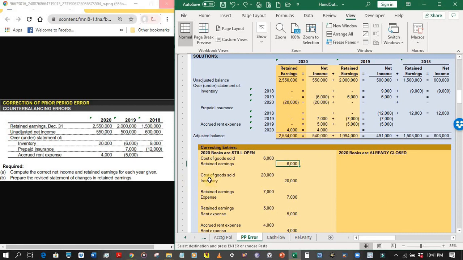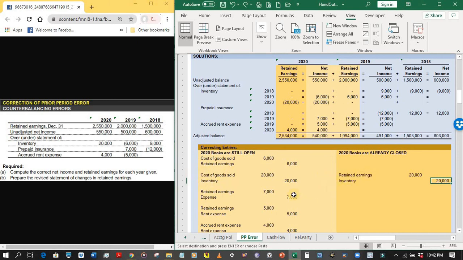Both are real accounts, but one is an equity and the other is an asset account. So our first journal entry, if the books are already closed, is a debit to retained earnings for 20,000 pesos and a credit to inventory for 20,000 pesos. Again, comparing these two, the only difference is the nominal account, which is replaced by retained earnings.